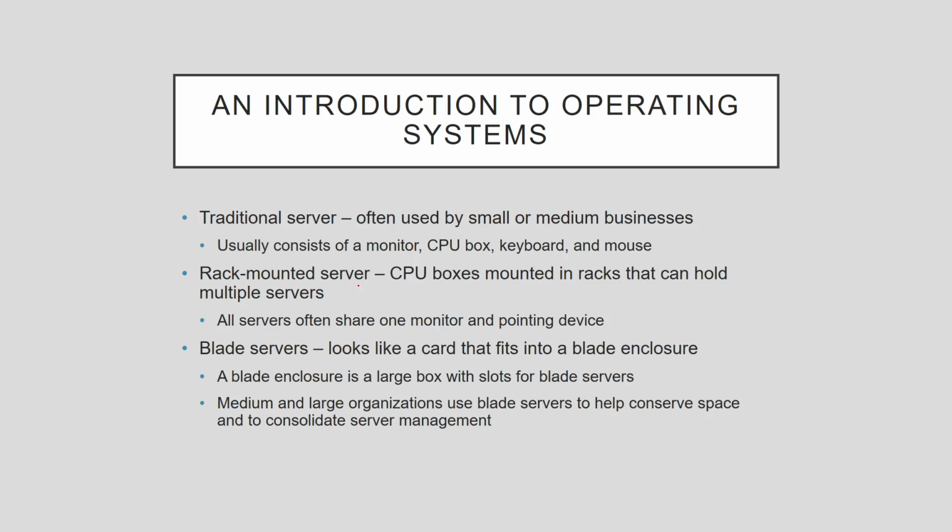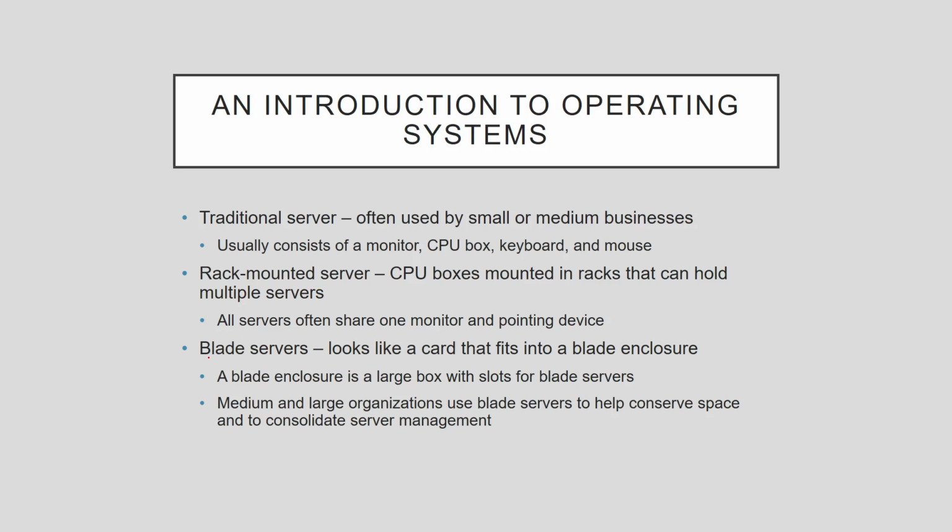The rack mounted servers are CPU boxes mounted in racks that can hold multiple servers, where each rack mounted server typically has its own power cord and network connection, but these servers often share one monitor and pointing device. Depending on the height of the rack and the height of the servers, one rack can hold a few servers or several dozen.